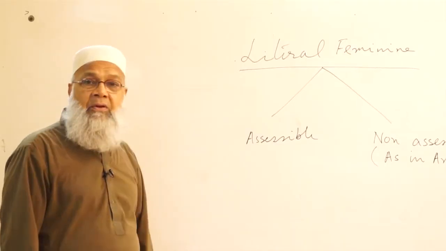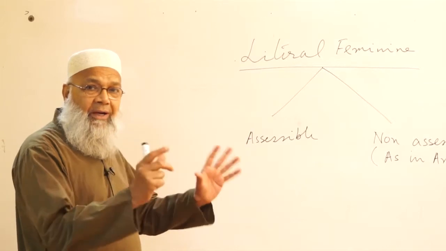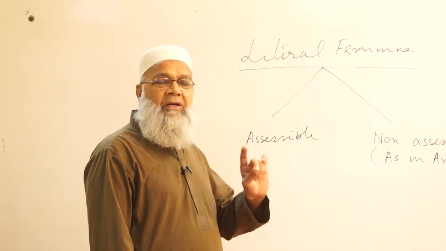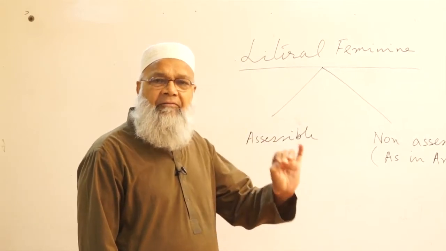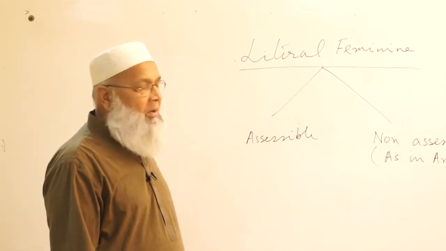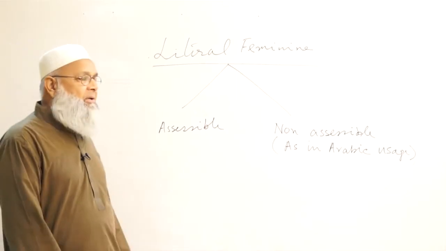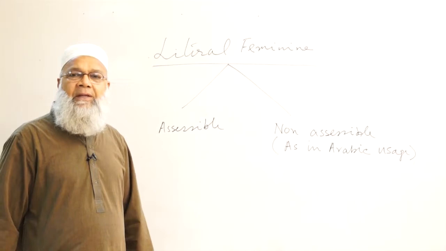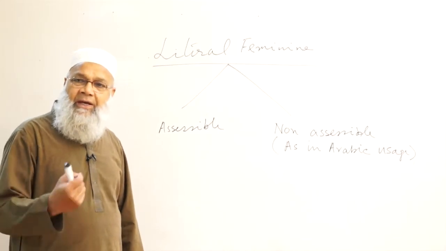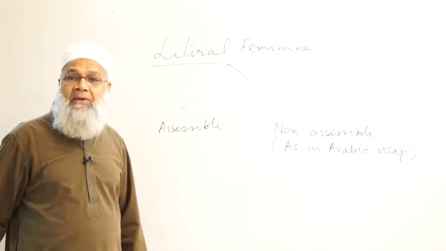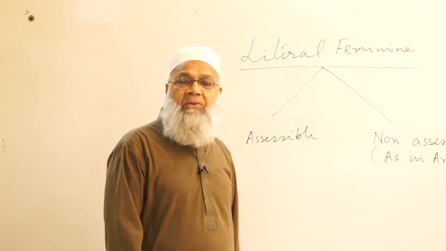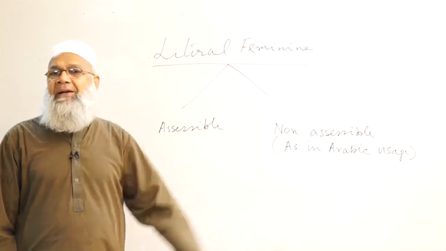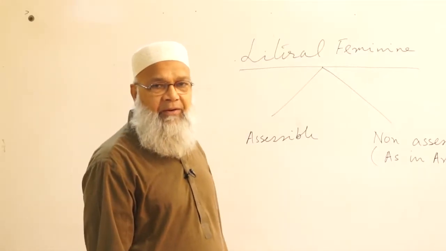Accessible means that when you just look at the word, you can assess that this noun should be a feminine noun. And the non-accessible is that only the Arabic idiom tells you that this noun is used by the Arabs as a feminine noun, but the word itself doesn't give you any indication that it should be feminine.